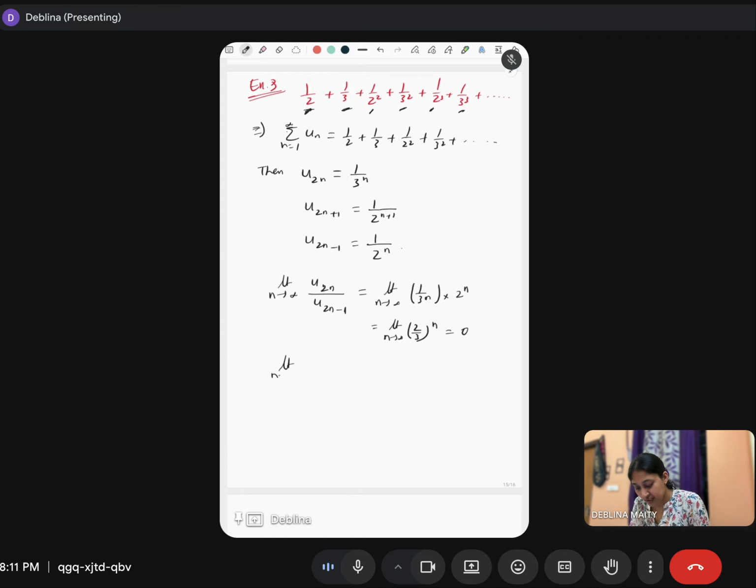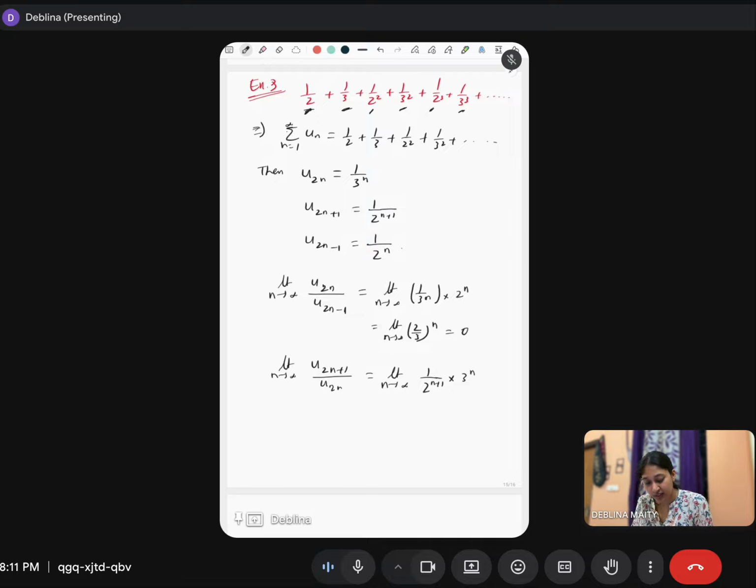Now if we take u2n plus 1 by u2n, then what will you get? We'll get u2n plus 1 is 1 by 2 to the power n plus 1, and u2n is 1 by 3 to the power n.